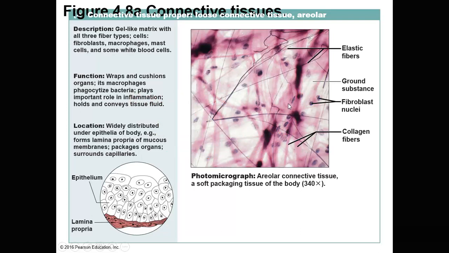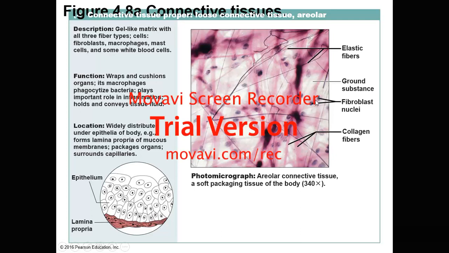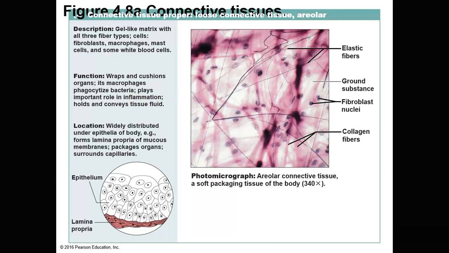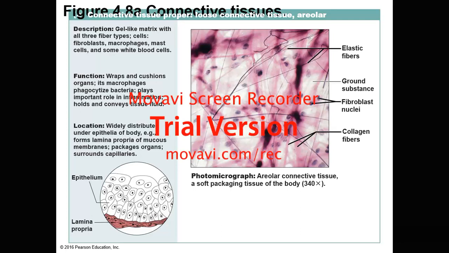Then you have your fibroblast nuclei. Remember, your fibroblasts make the extracellular matrix. Then you have your ground substance, the gel-like substance in between the cells. And this is an example of areolar connective tissue. Remember, areolar connective tissue has an airy appearance. If you look at this, it does look kind of airy.